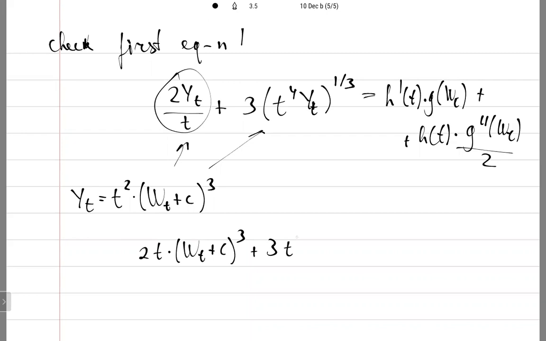It will be t to the power 6 y_t plus c cubed, 1 over 3. h prime is 2t.